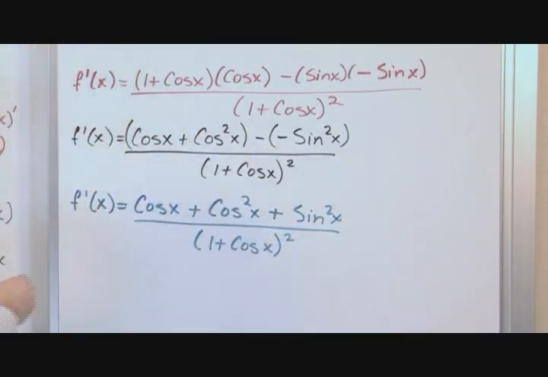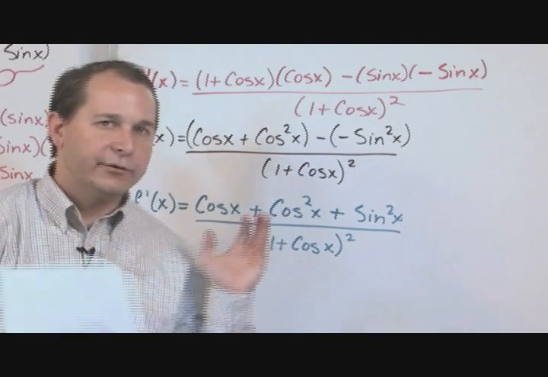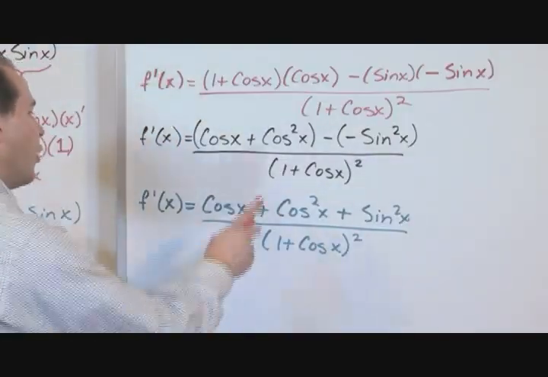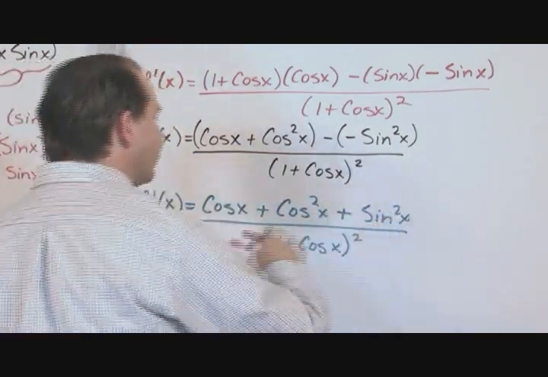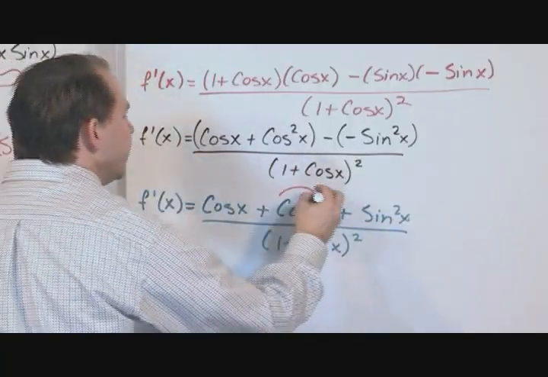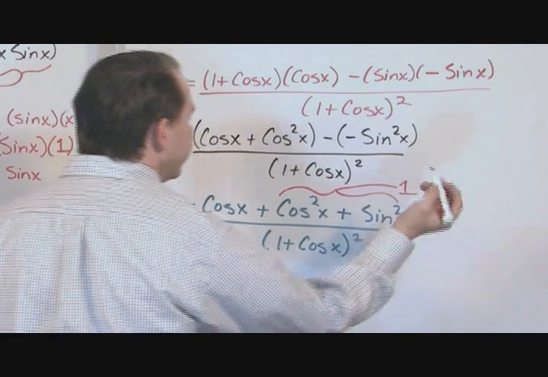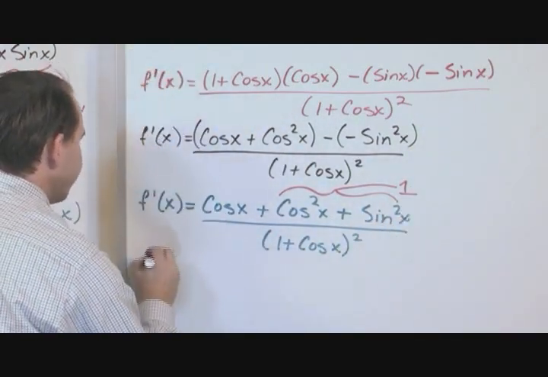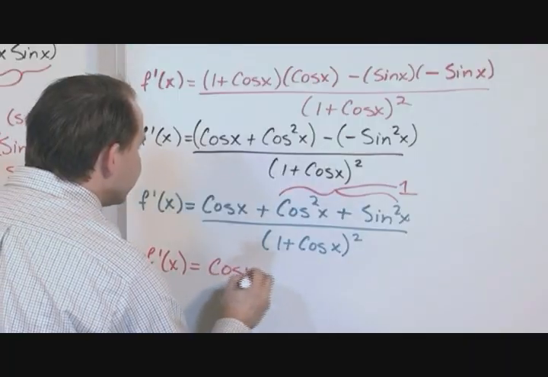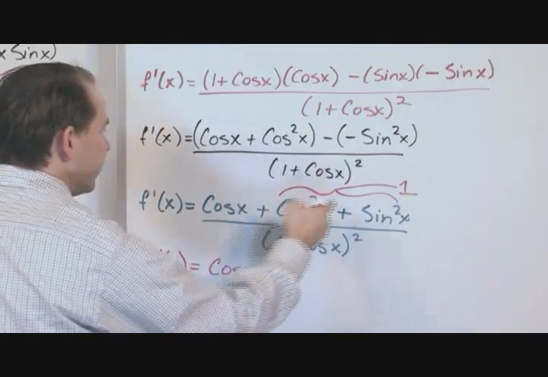Now you may look at this and say, haha, I'm done. There's nothing else I can factor out. But remember, I told you in the last section, if there's one trig identity you need to remember, it's always going to be that cosine squared plus sine squared of the same number or variable is always going to be 1. Always. So what you really have on the top is cosine x plus 1, because this is 1, right?